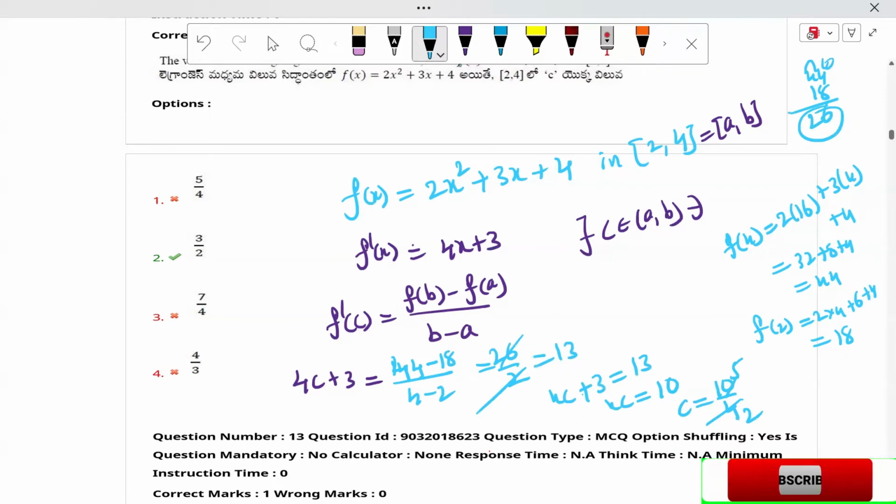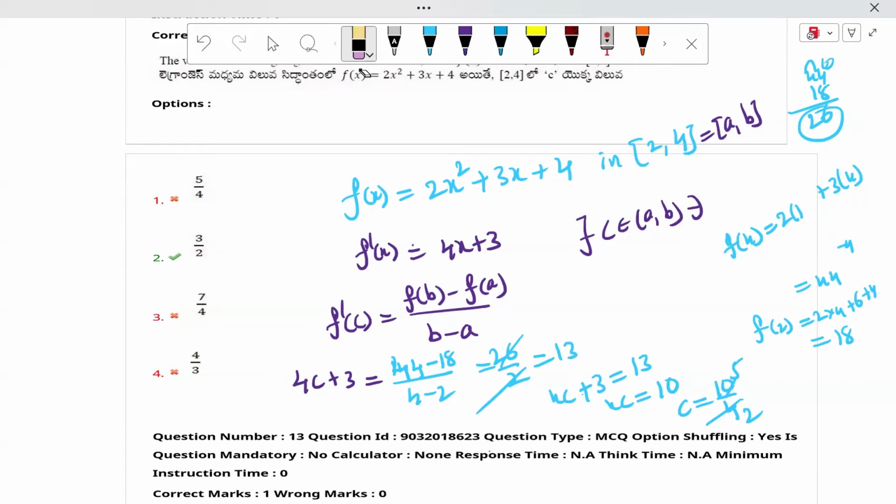Any mistake here? f(4). Is there a mistake in f(4)? Yes, sir, 48. Very good, good observation.